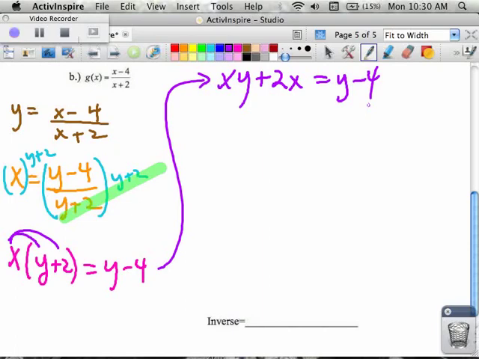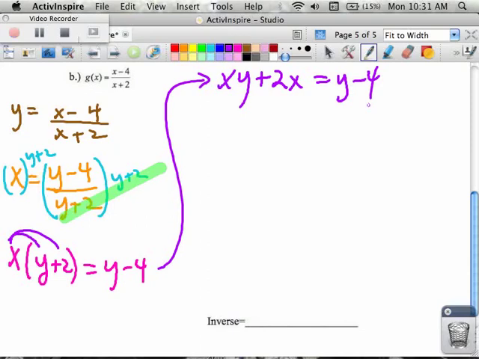And we talked about there are 2 y things now. It's kind of annoying, but super easy to take care of once you know what to do. Always, always, always get all the y things on one side of the equation and everything else on the other.